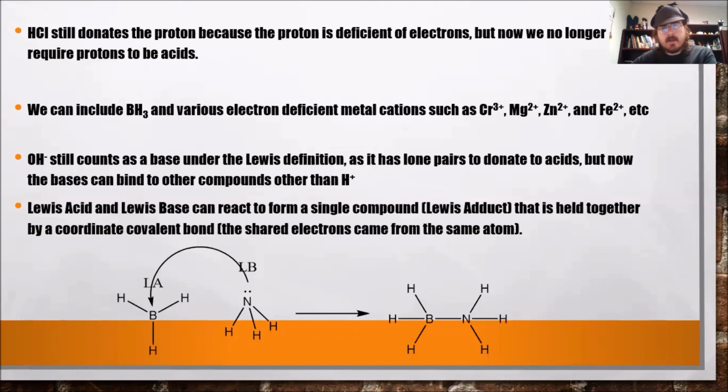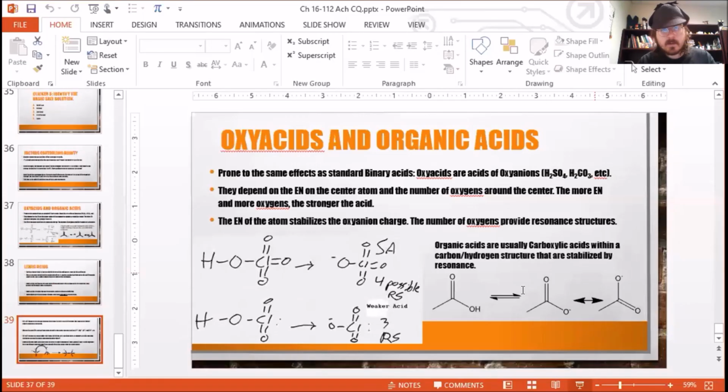Nucleophile is something negative that likes to attack a positive nucleus. So BH3 can be attacked by ammonia to form this adduct, this Lewis adduct that's held together by coordinate covalent bonds.